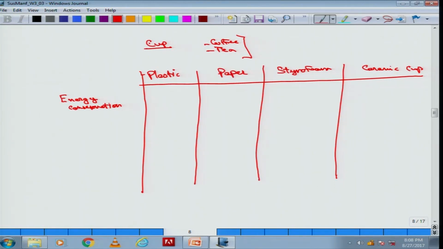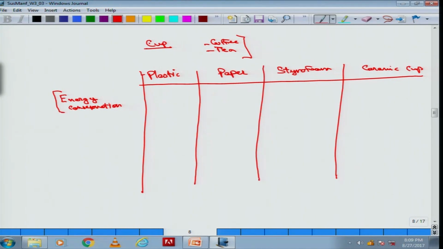So embodied energy is essentially the energy that is consumed by all the processes associated, I am repeating, all the processes associated with the production of a product, from the very mining and processing of natural resources to manufacturing to transport and product delivery. It does not include the operation and disposal energy.